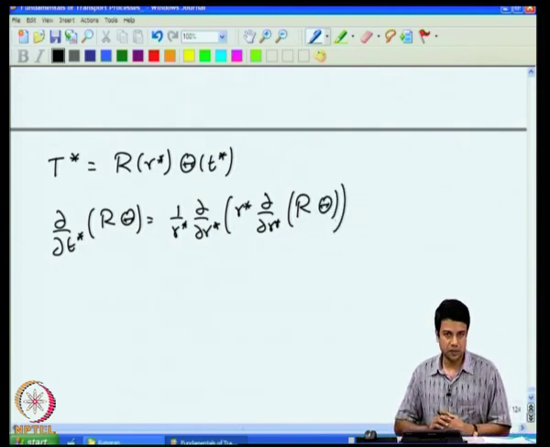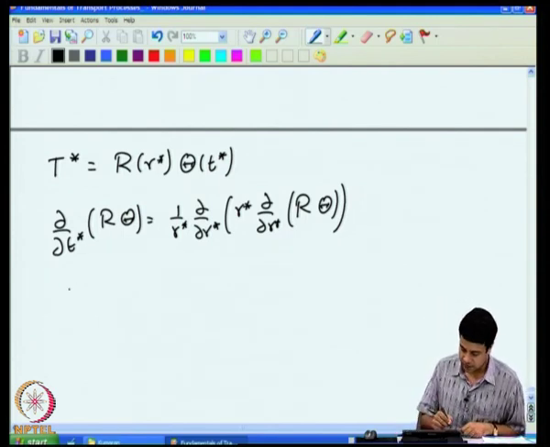Now, since R is only a function of r and theta is only a function of time, I can take out the factors R on the left side and theta on the right side.